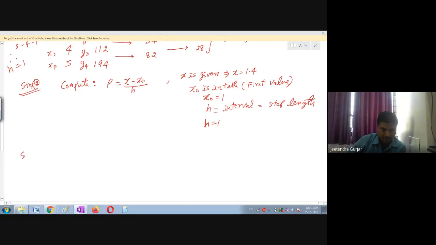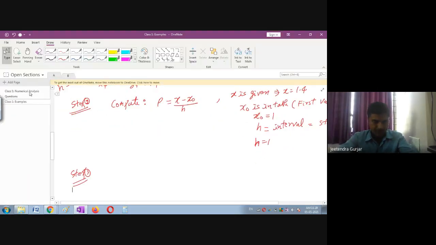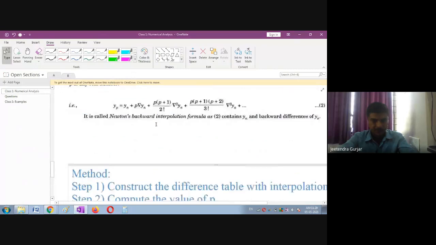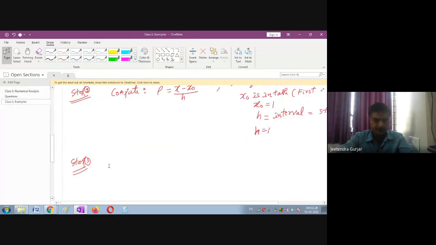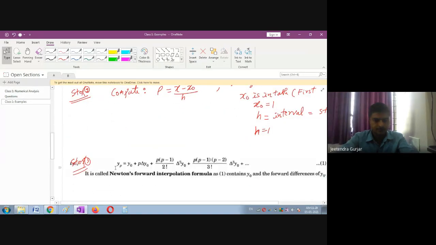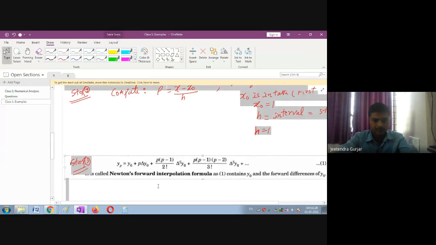So use the formula now. Next is step 3. Only 3 steps are there. Use the formula, substitute the values, and tell me the answer. Yes, who will get the answer? Let us see. And just use the forward difference formula, right? I'll just take this formula here. Yes.